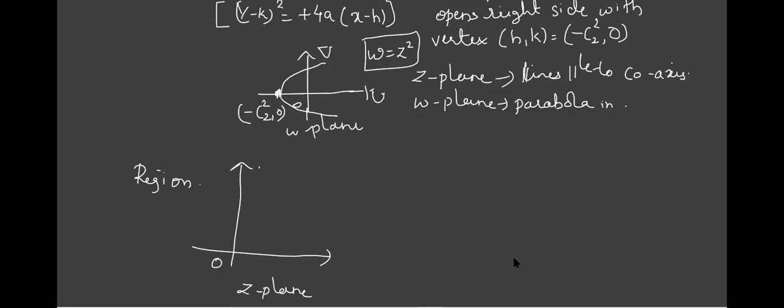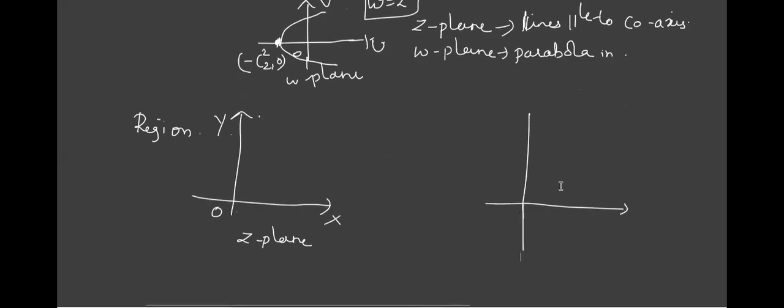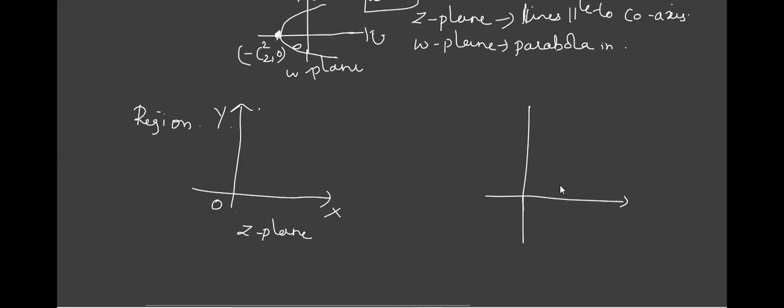So for the Z plane, what do I have to take? X and Y axes. Here I have to take the W plane, with U and V axes.